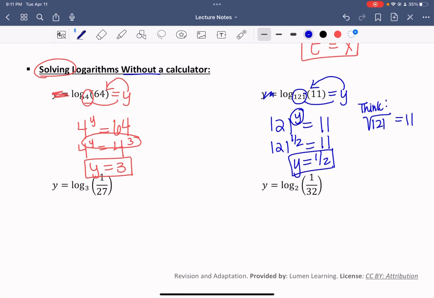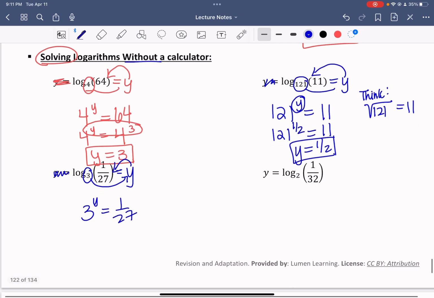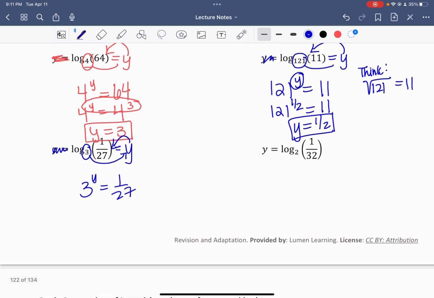Let's look at this next one. And again, this is going to be a little bit nicer if I have that on the right. So I'll say 3 raised to the y is equal to this grouping. And then I'm going to manipulate that right side. I don't know what my y is, but I'm trying to get everything to look the same. What's a 27?